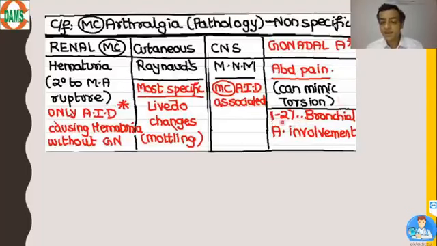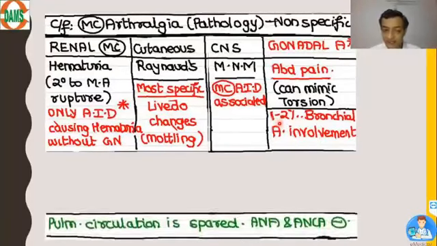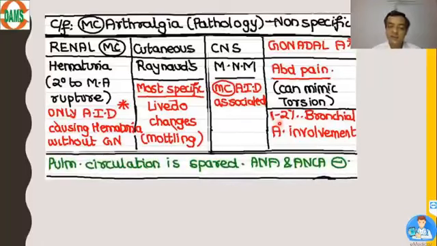Lung involvement, 1 to 2%, can come with bronchial artery involvement. But please remember, what is not affected is important, it helps to differentiate from other disease. So in the MCQ, PAN is a very common question because the pathology is unique.